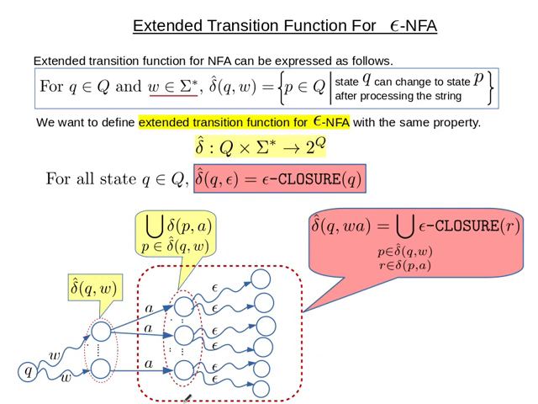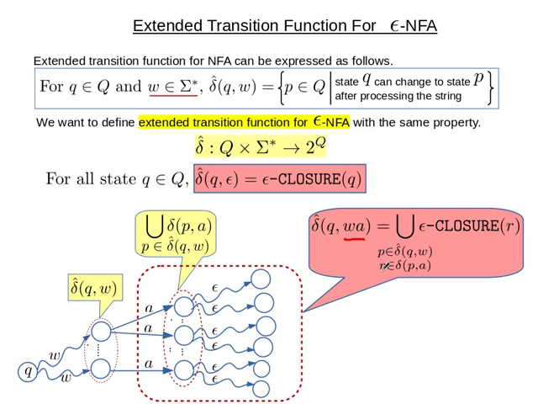So this big thing will be the set of states that we can reach after processing WA, right? And how did we do that? We have this set of states that we can reach after processing W, and we take each state there, and then we take a single step with symbol A. So then we have again a bunch of states.